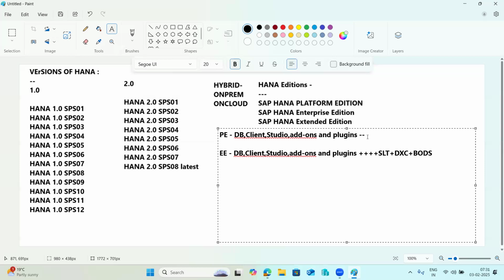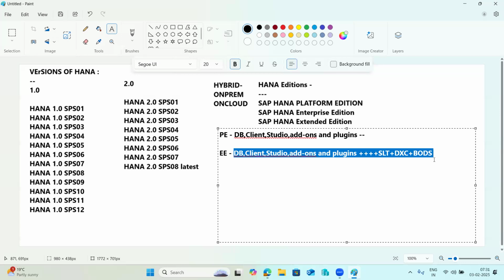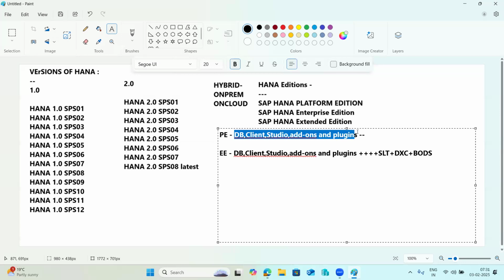These are the additional functionalities you will get here, which means if you take the enterprise edition license, in one license you will get all the functionalities and all the software. Suppose if you take only this one, you get just this. Tomorrow, if you have a requirement for replication configurations, then you need to purchase the license additionally.